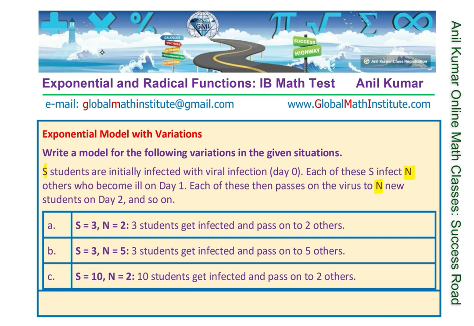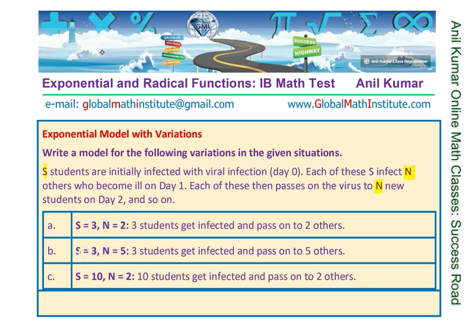The number of persons infected on the starting date and the number of persons who get infected from these, we could call them as different variables S and N. Based on that, we have 3 different situations. The very first one, as I said earlier, is when the initial number of infected students is 3 and the new ones they are infecting are 2 each.